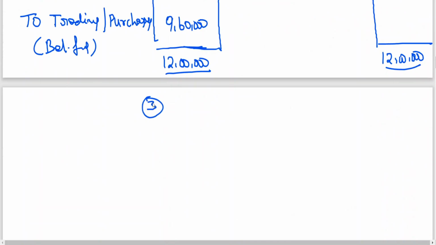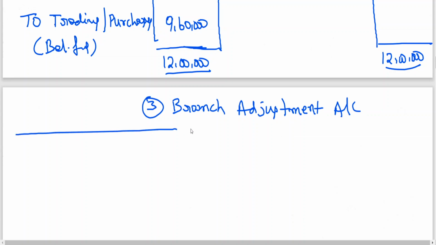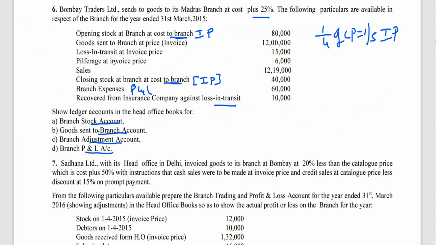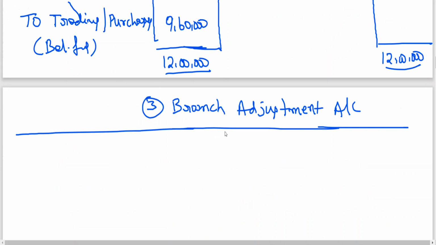Third account which is asking us to open is branch adjustment account. I told you loading on this, loading on this, loading on this. All these loadings will be taken to where? Branch adjustment account.